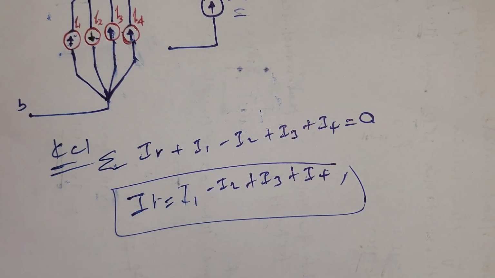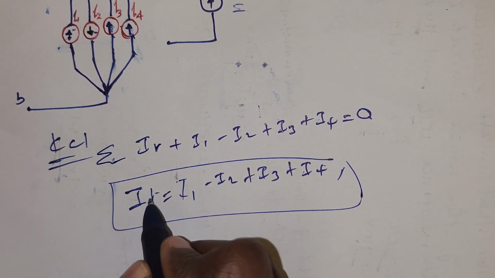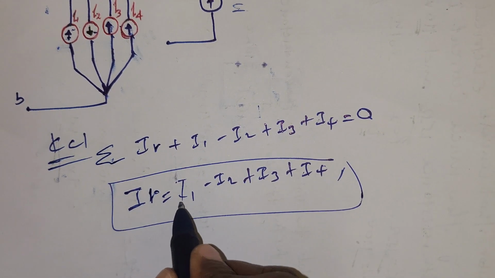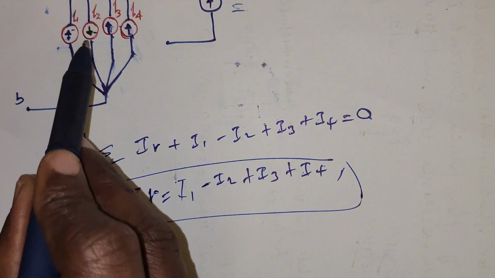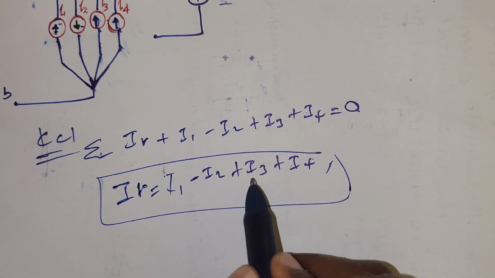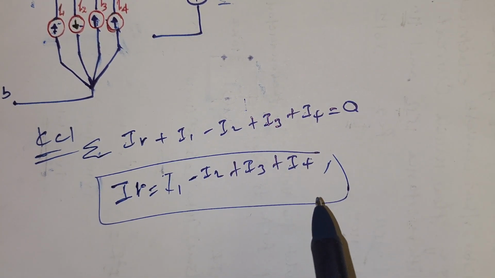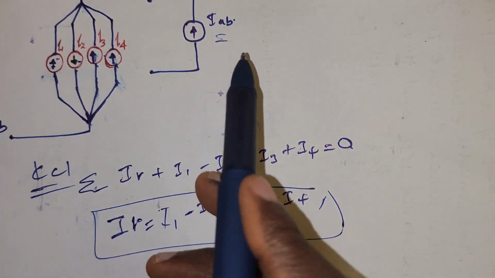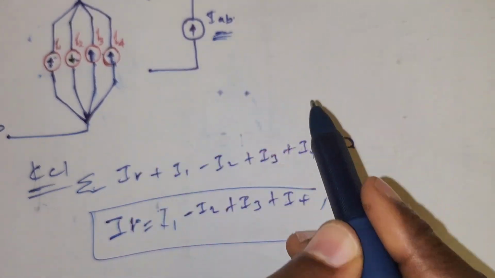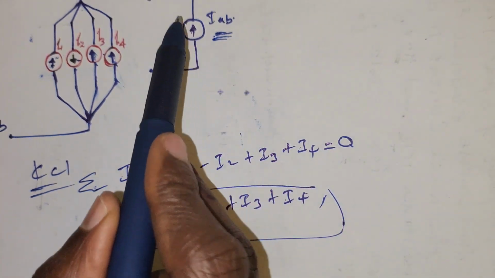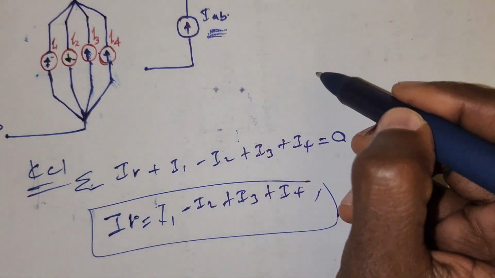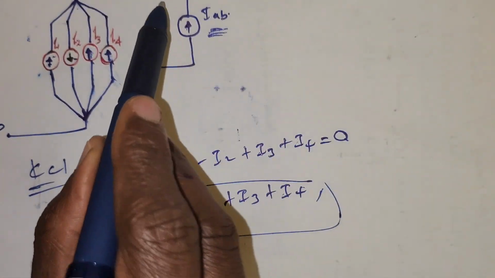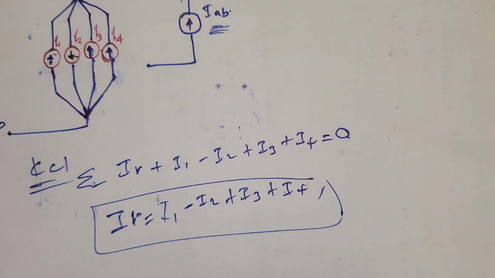This is one of the applications of KCL. So IR is equal to I1 minus I2, because I2 is heading in the opposite direction, plus I3 plus I4. So it can be combined into a new IAB or IR. IR and IAB are the same because they are now in series.